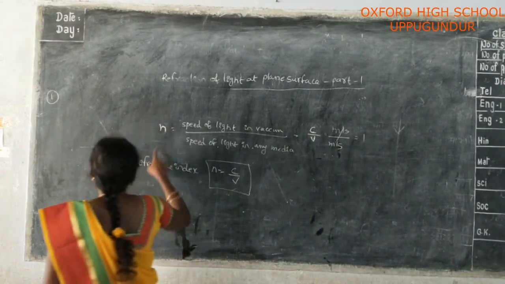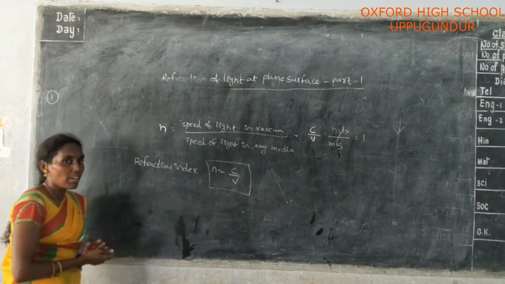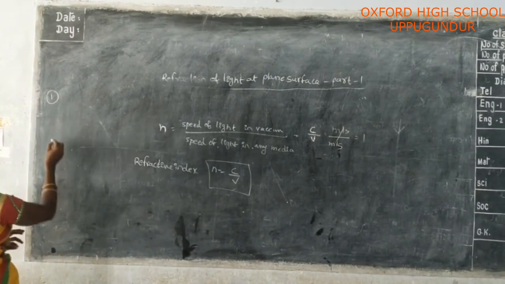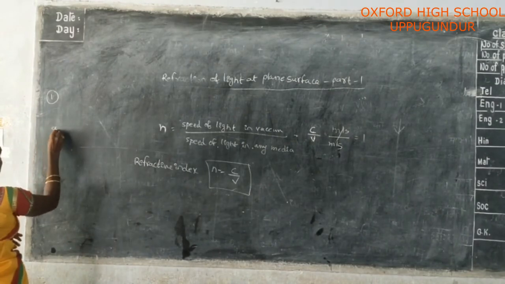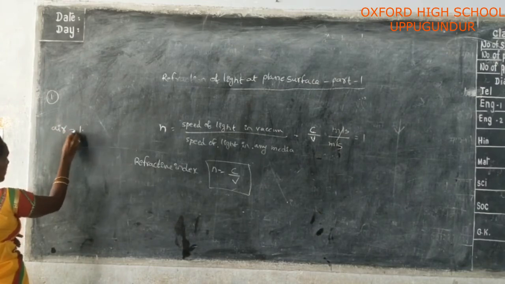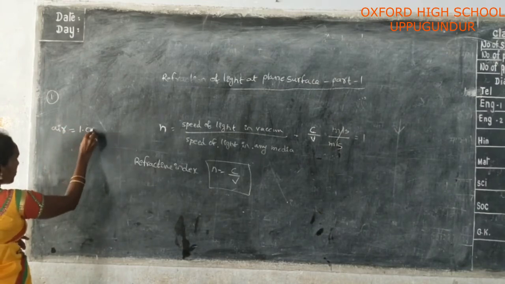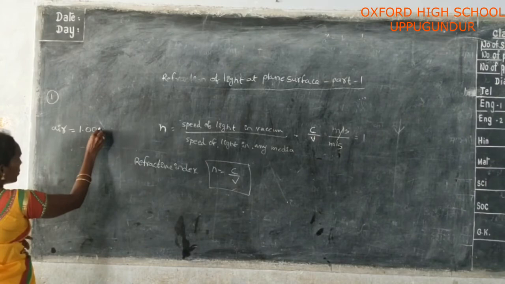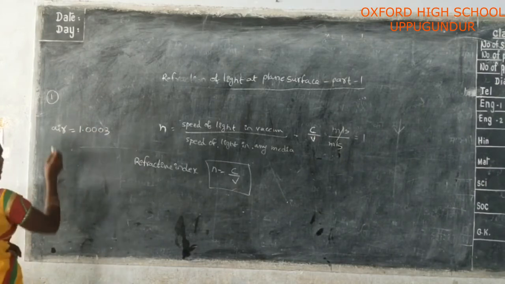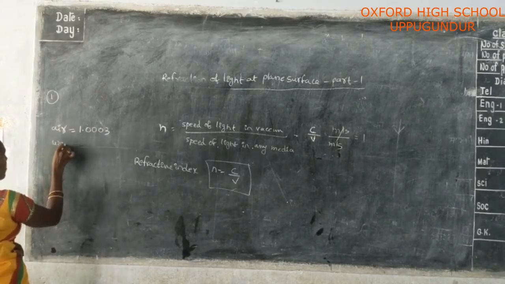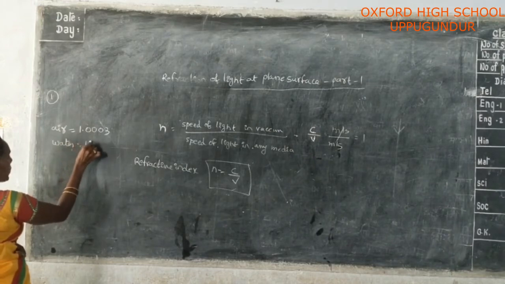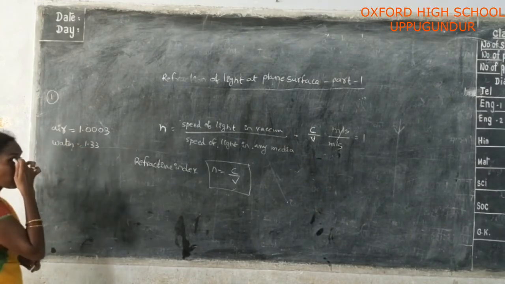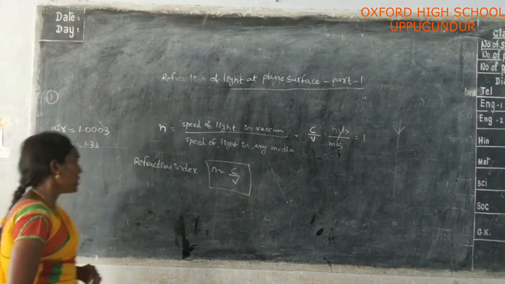Here refractive index n is equal to c by v. The refractive index of air is equal to 1.0003. And next, refractive index of water is equal to 1.33. These are the values regarding the refractive index.